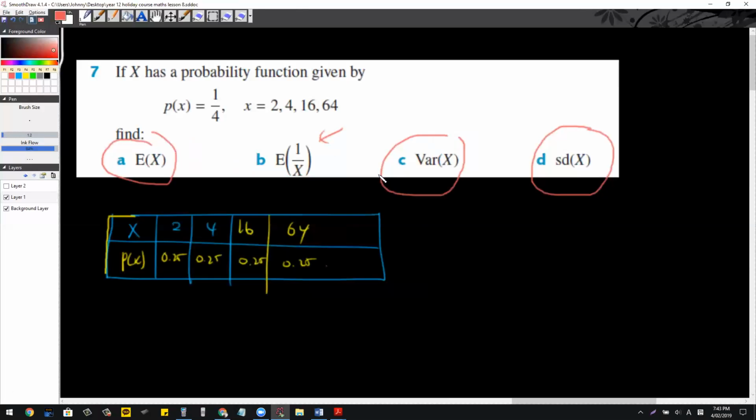So I haven't got any answer yet, but remember, if you want to calculate the expectation value, you have to multiply this by this, and this by this, and this by this, and this by that, and add them all up. Variance was expectation value of x squared minus expectation value of x all squared. So to do that, you have to create another row. This is x squared, and this is 4, 16, and this is 16 squared and 64 squared, right?